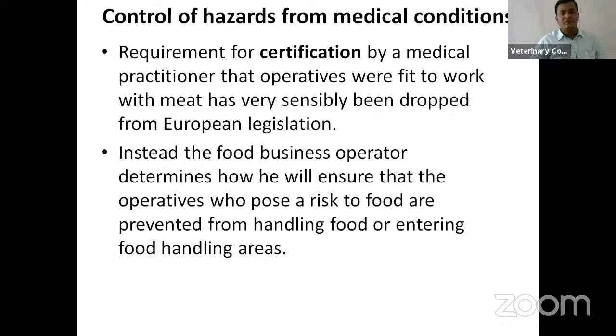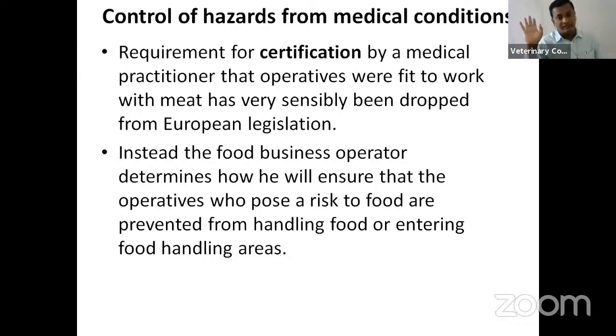Then, control of hazards from medical conditions. Medical conditions of whom? Of the operatives. A machine cannot have a medical condition. It is only people who can have a medical condition. They can suffer from a running nose. They can suffer from septic sores, wounds, or they can suffer from contagious or infectious diseases.